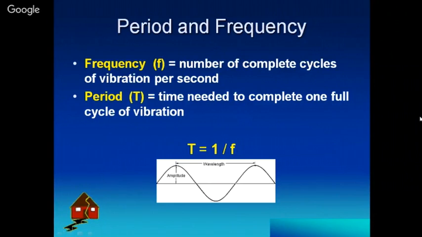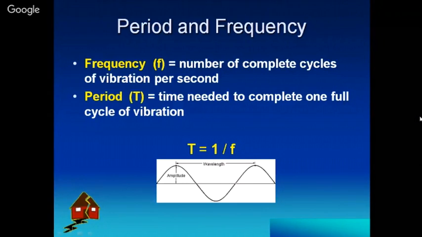Period and frequency: this is very important for a building. Frequency is the number of complete cycles of vibration per second. The time period is the time the building takes to complete one cycle.